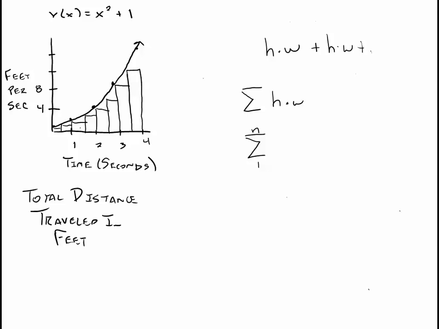And notice in each case, the height of our rectangle was x squared plus 1. It's always found by the same expression. And it was the width of our rectangle that was changing, or the value of x was changing.